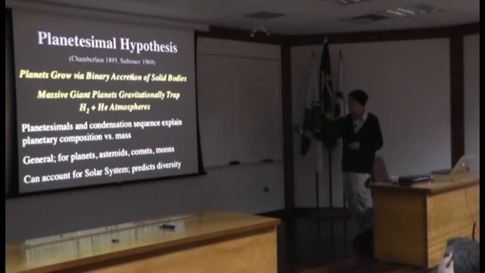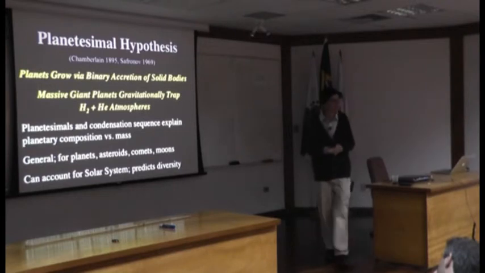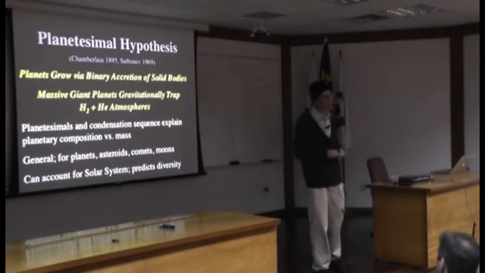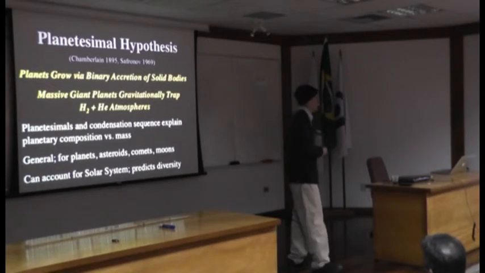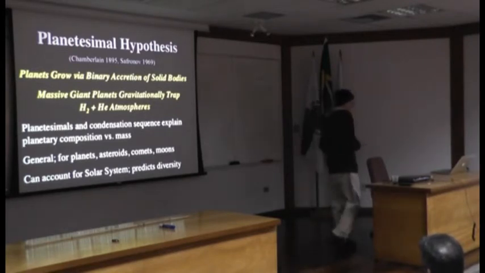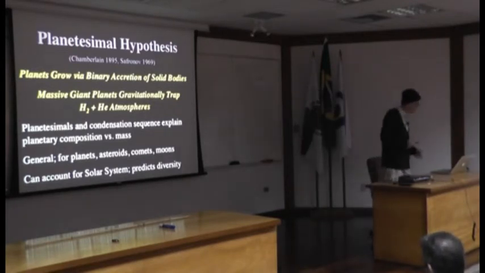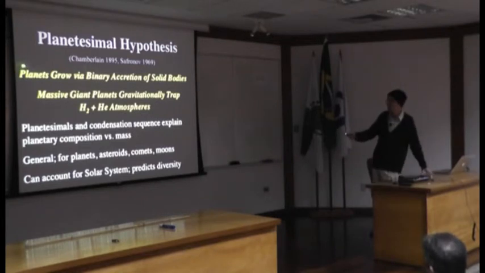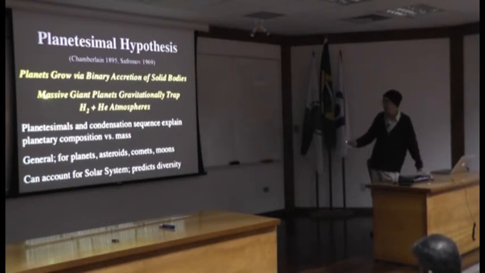Put them together, as Viktor Safronov did in the 50s and 60s, and you get the modern view of planetesimal theory and solar nebula for planetary growth. As I just mentioned, planets grow by pairwise accretion of solid bodies, maybe more than pairwise at certain phases, and then massive giant planets gravitationally trap the hydrogen and helium in their atmospheres.